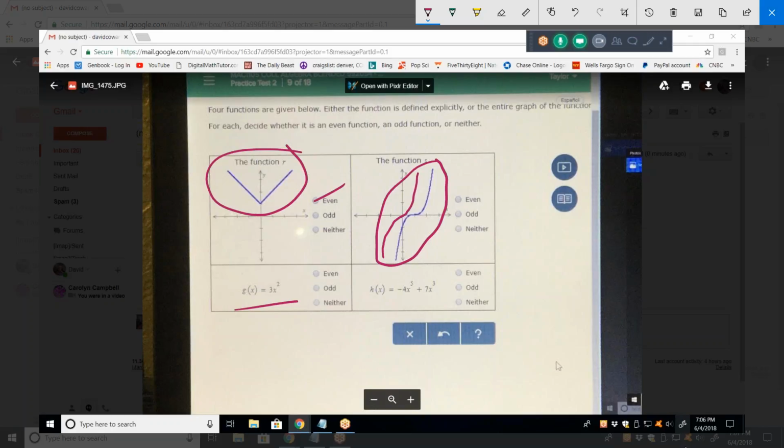Symmetry about the origin means you can reflect it over the x-axis and the y-axis. If I reflect this top half right there over the y-axis and then over the x-axis, I get that. So that's symmetry about the origin. Unfortunately, what we're looking at here has been moved 1 unit to the right, so it's no longer symmetric about the origin. So it's neither.